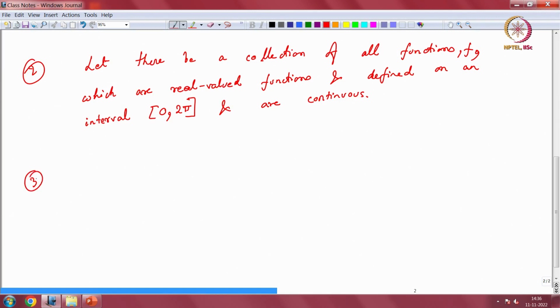So for example, let's say there is this equation, d square y by dx square plus y is equal to 0.